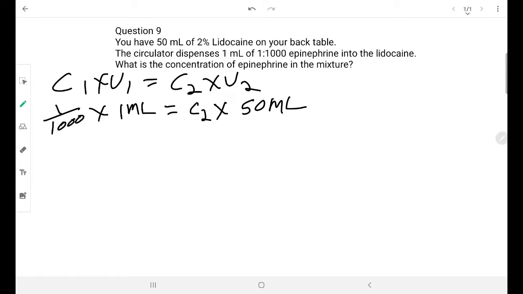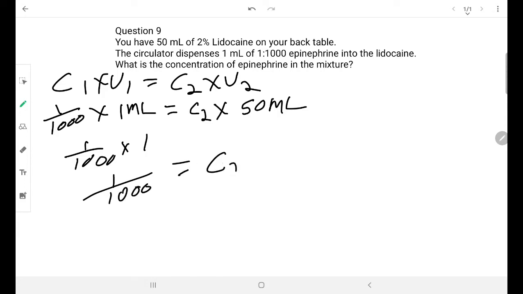So we've got 1 to 1,000 times the 1, so 1 to 1,000 times 1 is going to be 1 to 1,000 equals C2 times 50.